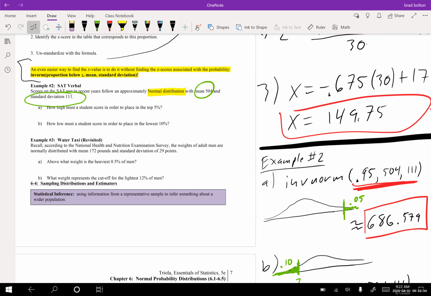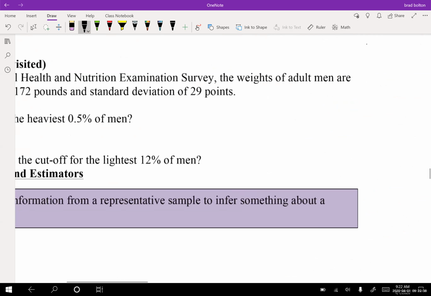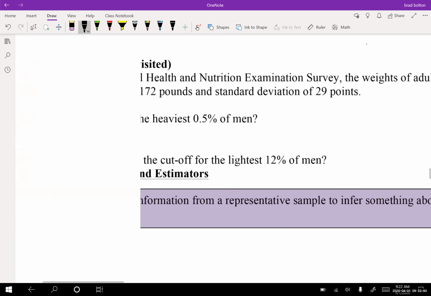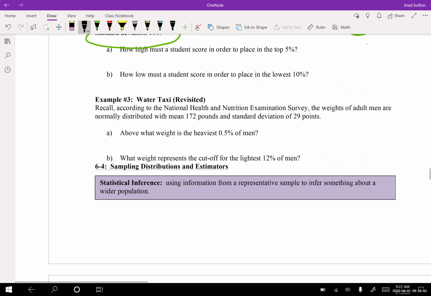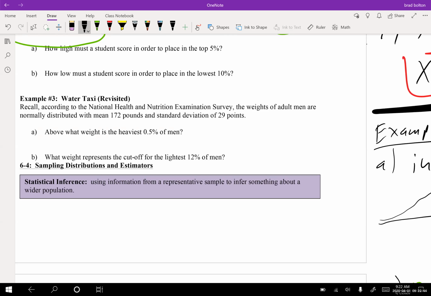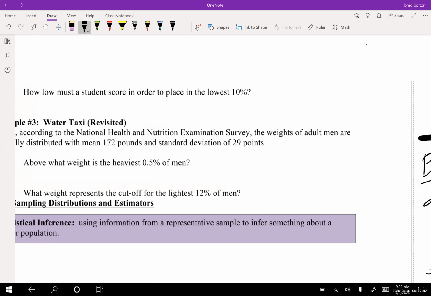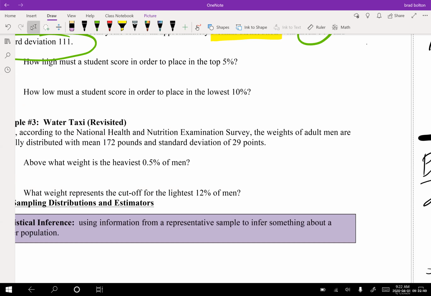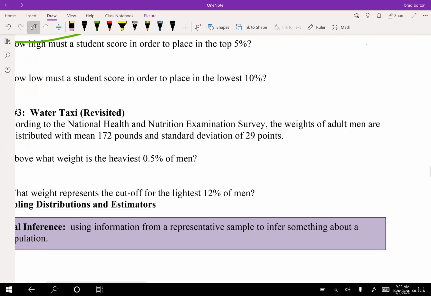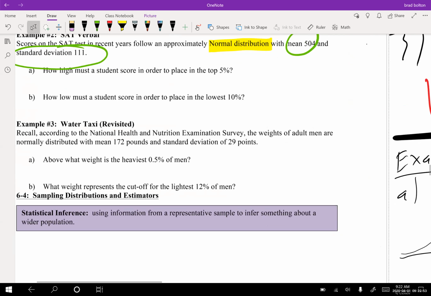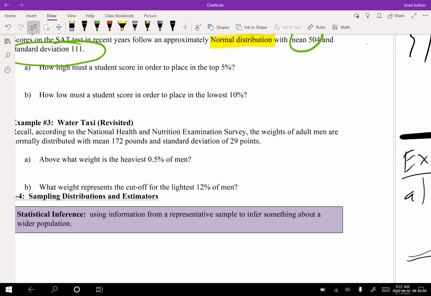Okay, so for this one, because we're running out a little bit of room, I'm going to try to write it in the space provided right here. So that probably means I'm not going to be able to draw too much. I'm going to jump straight into the normal CDF or inverse norm.